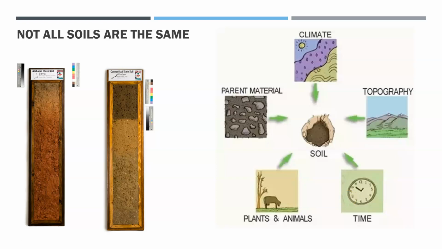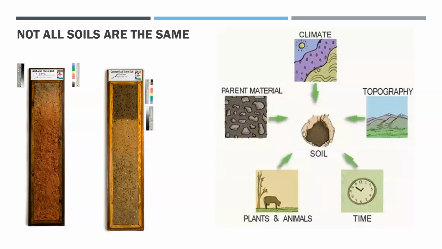The more time you have, the more soil you'll get. Then we have the plants and animals. So the organisms that are in and around the soil eventually decompose, adding nutrients to the soil. They aerate the soil by stepping on it. They add moisture. They can prevent erosion by adding vegetation.